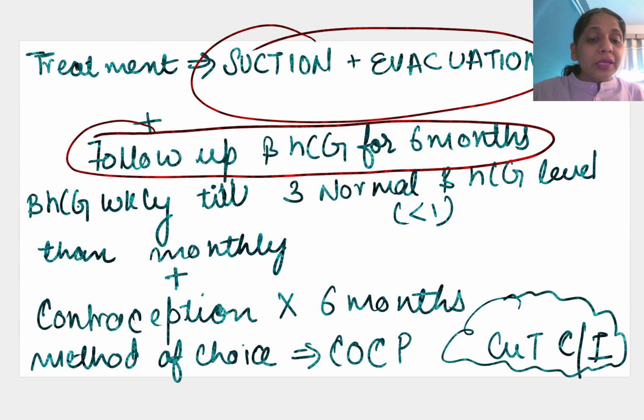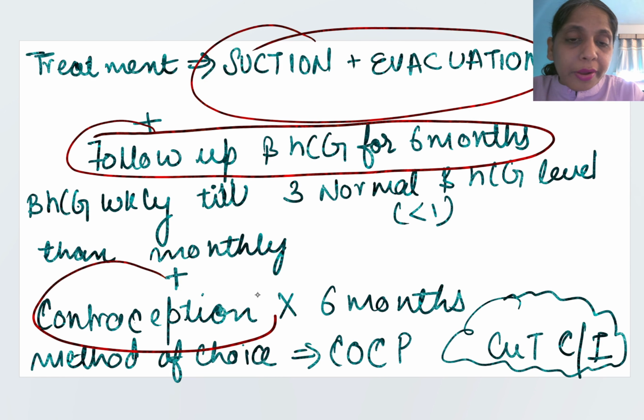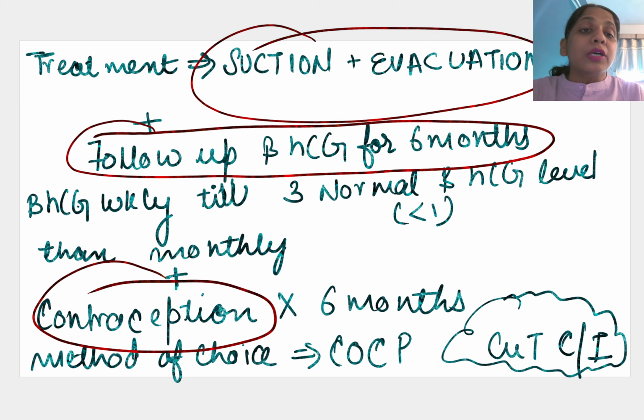Then the third thing is that contraception is a must. Why do we want contraception? You tell me. Because pregnancy increases beta hCG. If this complete mole changes into malignancy, then we will not come to know whether it is changing into malignancy or whether it is pregnancy's hCG.